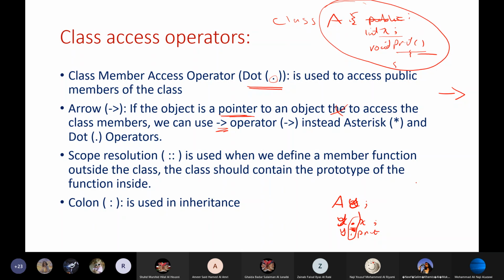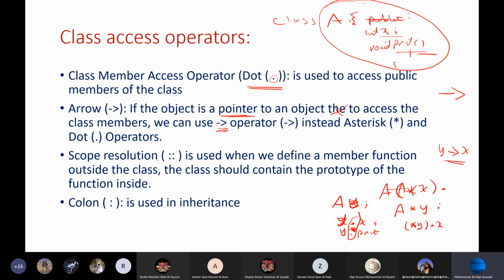See, actually, when the object is a pointer, it means star y. Let's say a star y. All right. Then instead of writing star y dot x as this one, I can use y arrow x. All right, it's just notation.